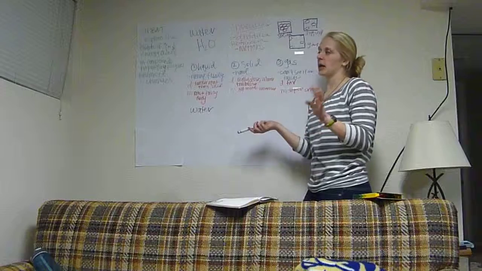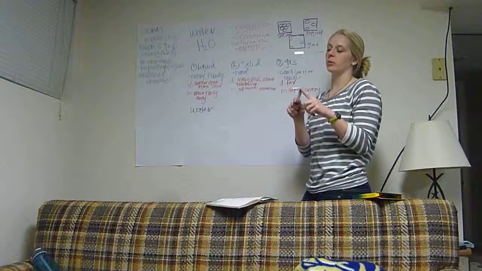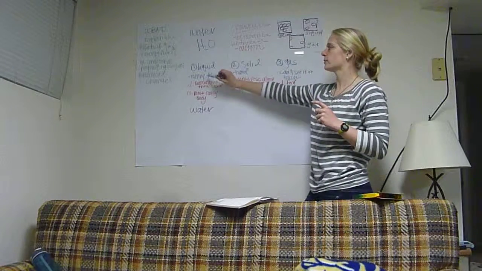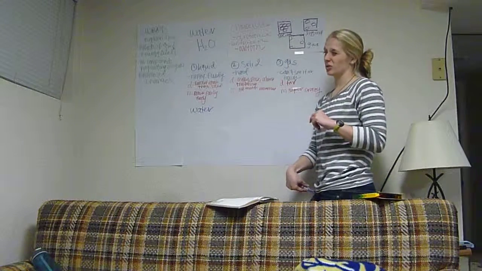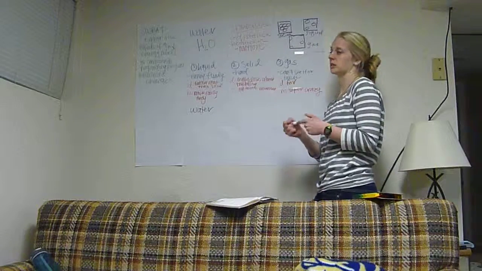After 30 seconds, I'm going to have you hold up the number that you think represents what phase of matter each of these blocks is. Number 1 will be liquid, number 2 will be solid, number 3 will be gas. Take 30 seconds, figure it out, write down your guesses.